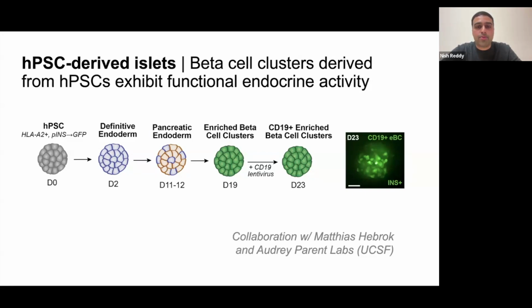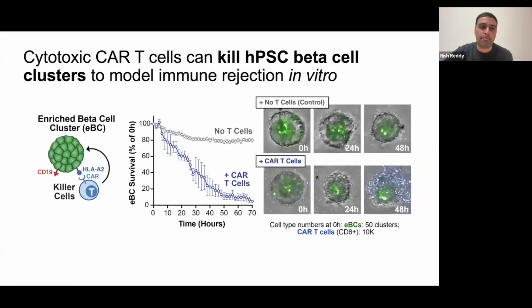Working with them, we've generated these beta cell clusters and introduced our model antigen CD19 into them by lentiviral transduction. We can model cytotoxic T cell killing of these islets by using a CAR T cell that recognizes HLA-A2 on these beta cell clusters.